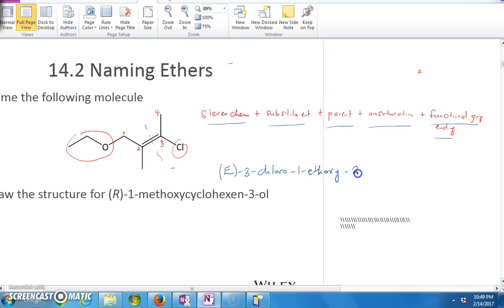So we have 2-methyl. Then the parent. What's the parent here? The parent here, as you can see, is butene, and the unsaturation is at the second carbon, so that's but-2-ene, with the E. Okay, so that's how you do that.